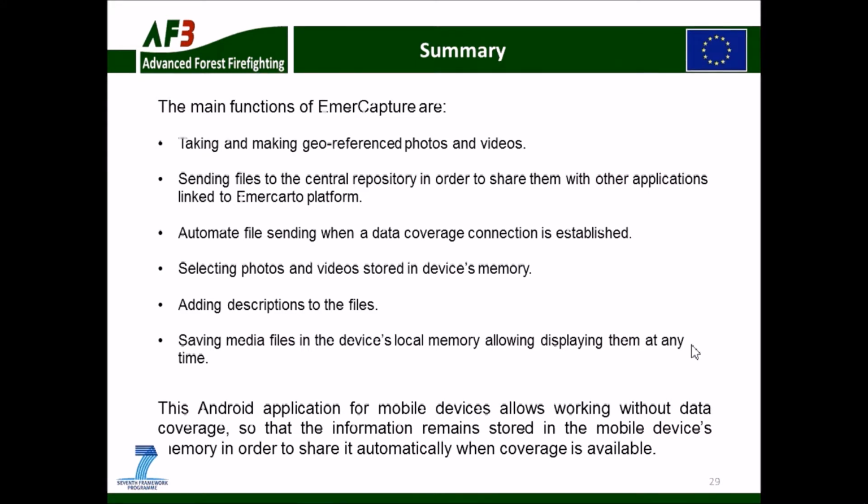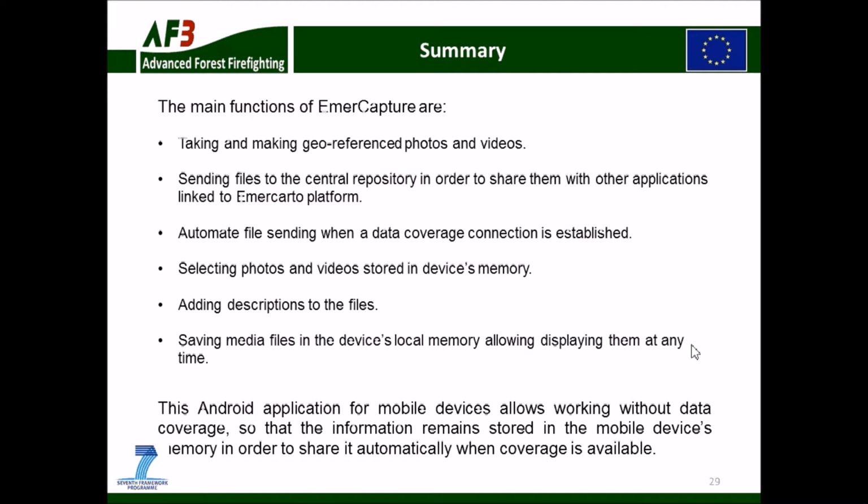The Emercarto application is a multimedia mobile app that is launched from EmerMap, but it can also be launched directly by the user, and whose main functions are taking and making georeferenced photos and videos, sending files to the central repository in order to share them with other applications linked to the Emercarto platform, automating file sending when a data coverage connection is established, selecting photos and videos stored in device memory, adding descriptions to the files, and saving media files in the device local memory, allowing displaying them at any time.